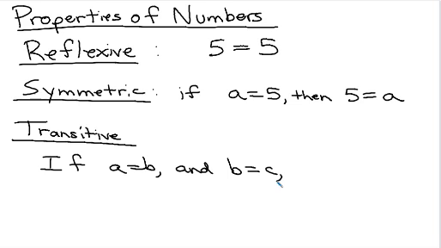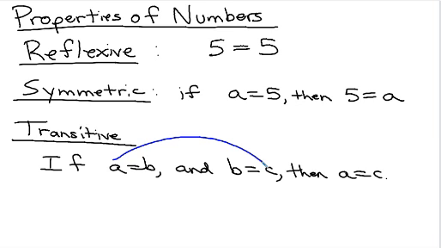Then A has to equal C. And the reason I said across is think of this. Going across. If A equals B and B equals C, then A equals C. All right? Just kind of thinking through common sense.